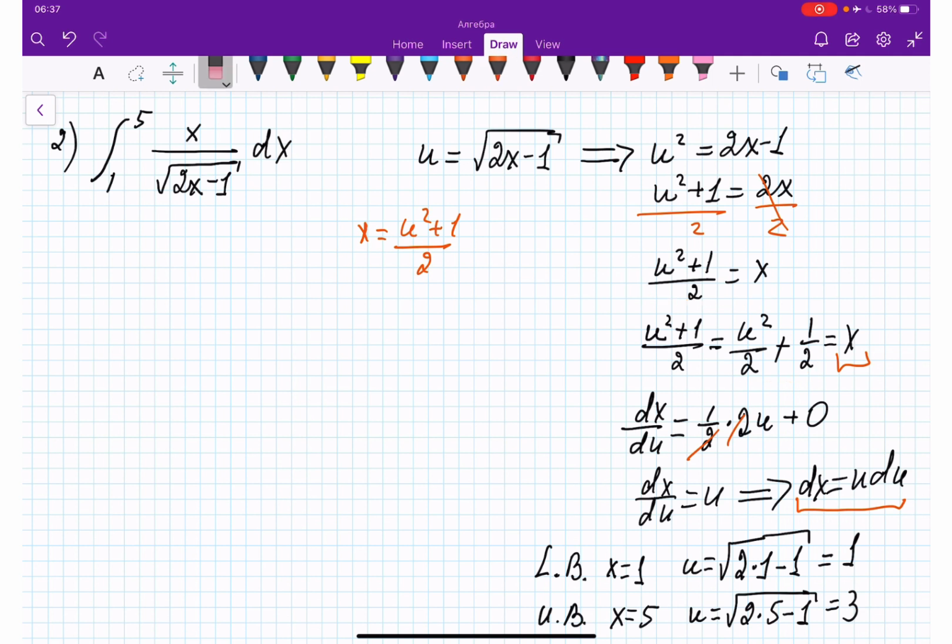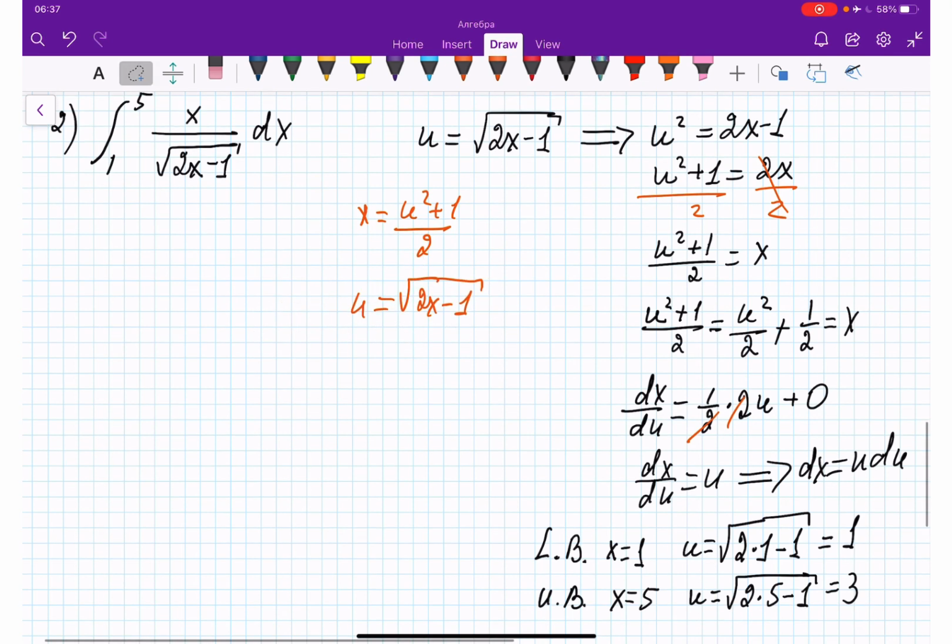Next, square root of 2x minus 1 is going to be replaced by u.